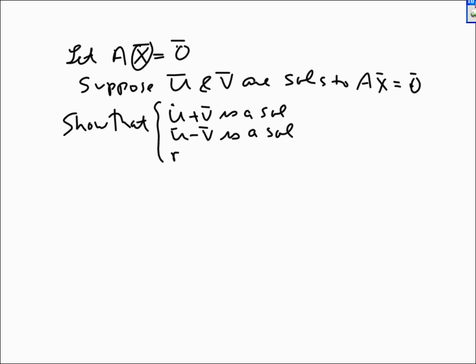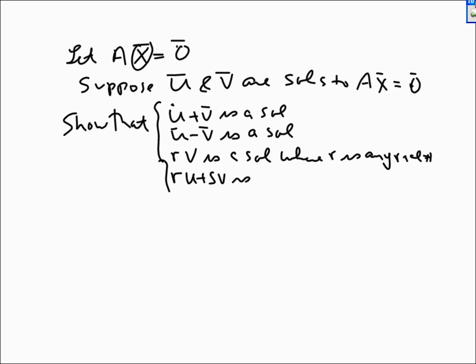I want to show that r times v is a solution, where r is any real number, and here it is: r times u plus s times v is a solution.